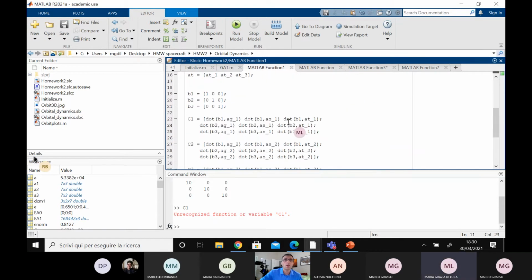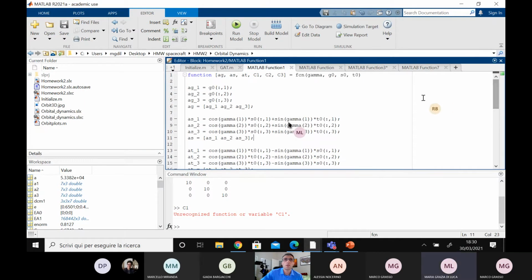Okay, let me see, here they are. Okay. The initial conditions, are they in this block or do you just use them from outside? Okay. G0. So G0 is coming from outside and it's what?